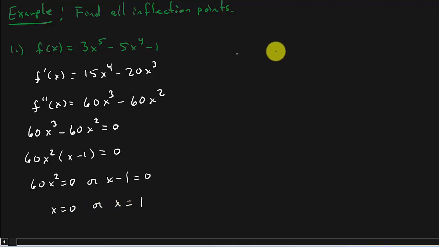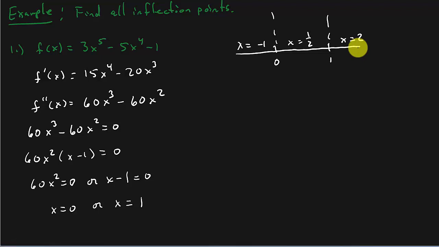All right, so plot the numbers on the number line, and hopefully you can see we're doing exactly what we did in the last problem. We're finding the concavity. So let's pick a number from each interval. Then we have to evaluate the second derivative at each one of these values we chose. And once again, it does not matter what x values you pick, as long as you pick an x value from each region.